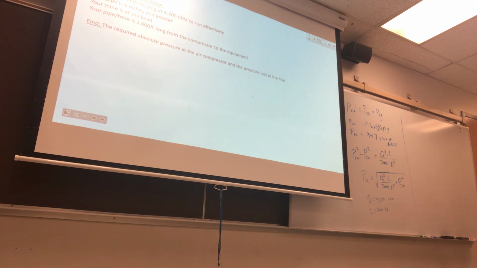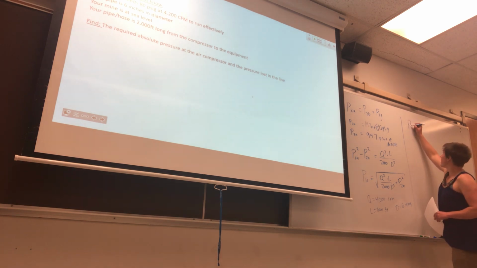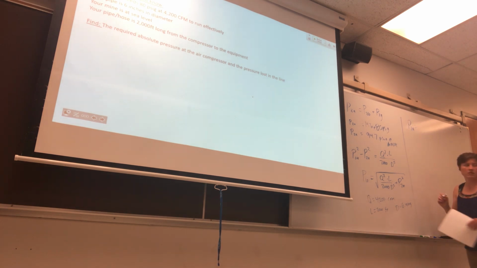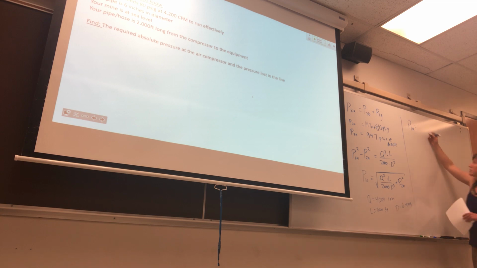Gave us the diameter, 6 inches. And then we have the pressure at our second drill site point in absolute. Okay, so when we plug this in, what do we get for P1A? 106.